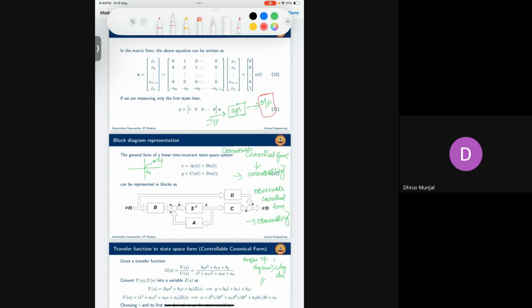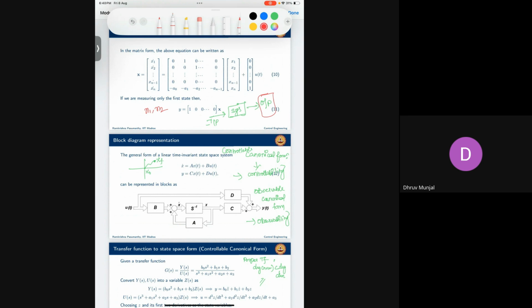Can I get the whole idea of all the states of the system? For example, if it's a second order system, can I know what x2 is, what x1 is, whether it is position, velocity, or different things, mass, whatever it is. Will I be able to know about it? If I can know that, then my system is observable. Otherwise, it is not.